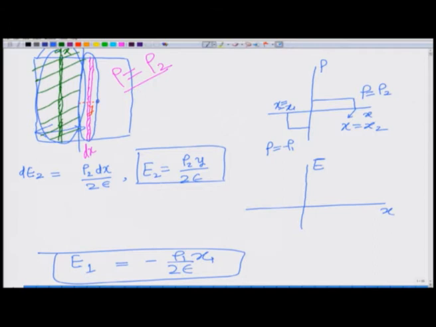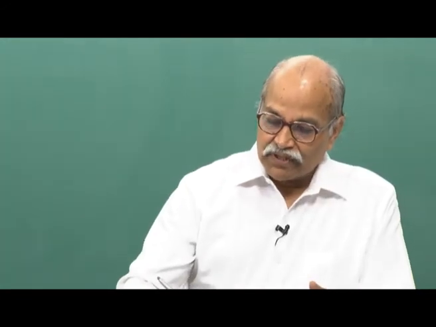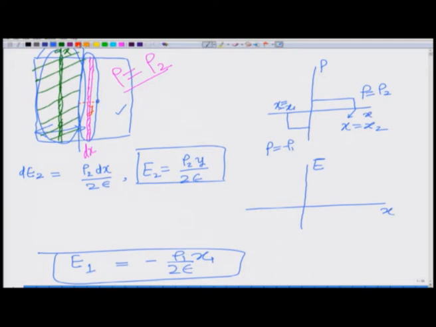Then I need the electric field due to the remaining part, which is to the right of the point where I am calculating the electric field. If you look at this portion and once again draw that dx thickness here, the equivalent surface charge density is the same, but because of this the electric field here will be towards the left, in the negative x direction.